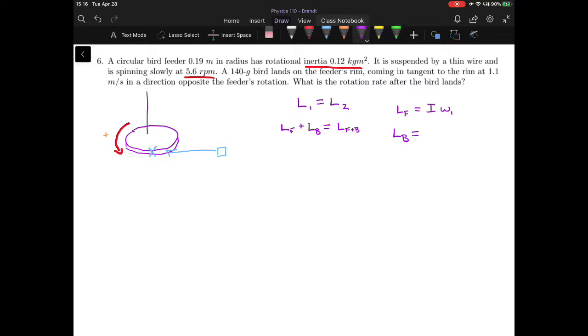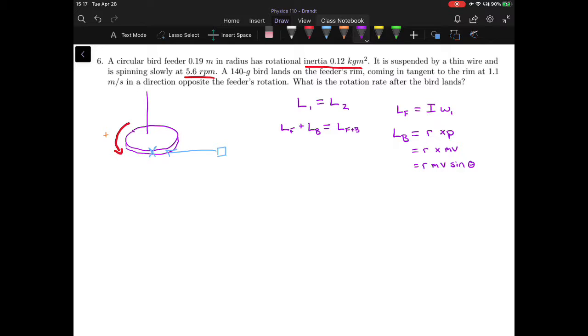So now let's look at the bird. The angular momentum of the bird. In this case, we have an object that is moving in a straight line, not spinning, towards our object that is going to spin. So how far away it is from the axis and how much momentum it brings in. We know both of these things, so we can use our r cross p equation, which is r cross mv, or r m v sine of theta.